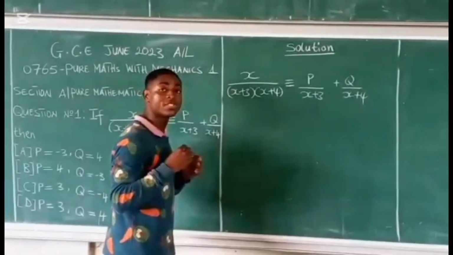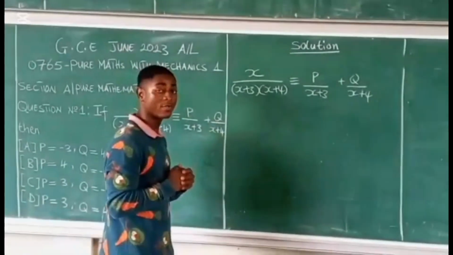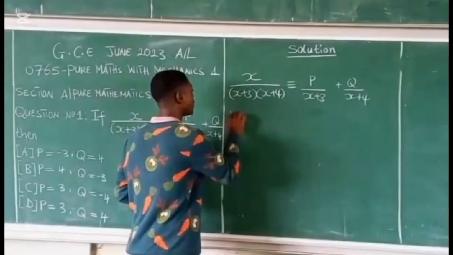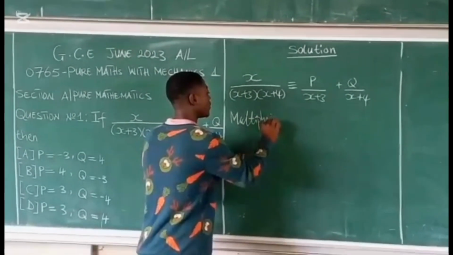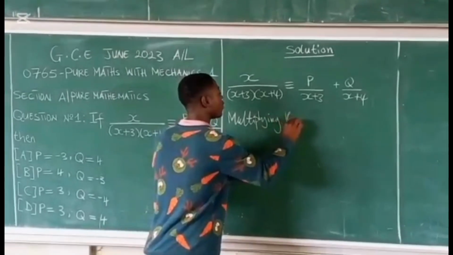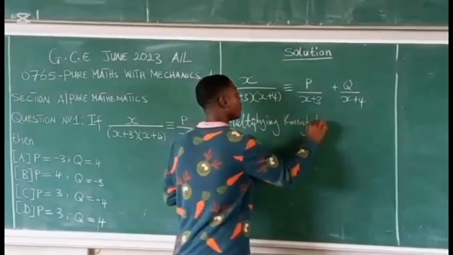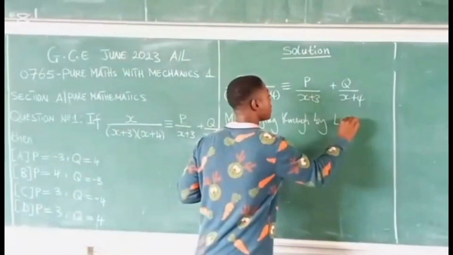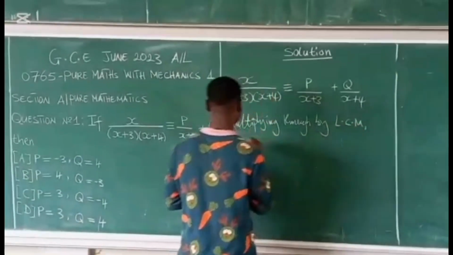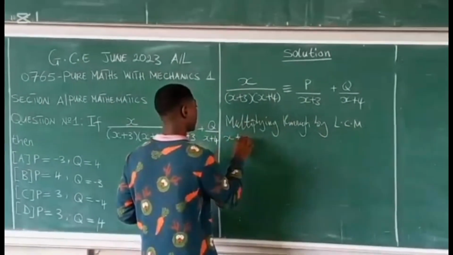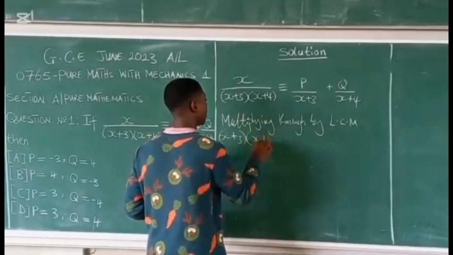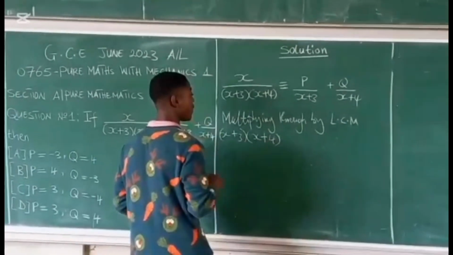So we are going to be multiplying through by this LCM, which is (x plus 3)(x plus 4).